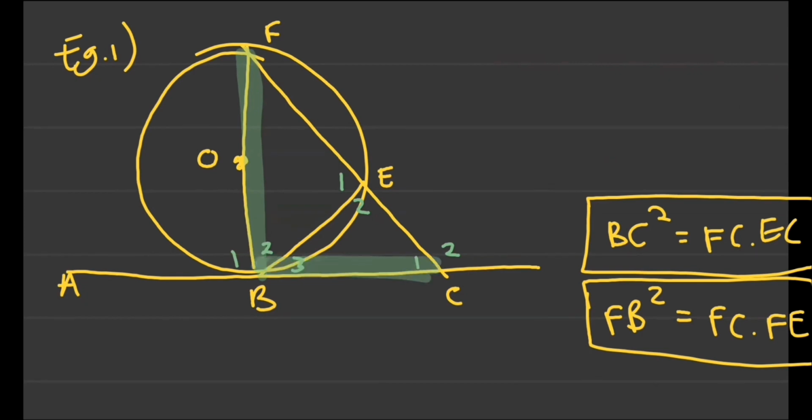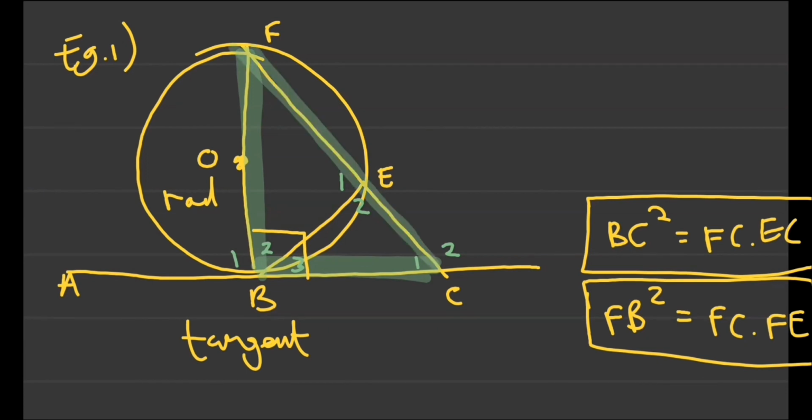Also, remember we said that FB is perpendicular to BC because a radius is perpendicular to a tangent. We mentioned that. So we know that there's a 90-degree angle also. Now, what do you think will happen if you square FB and then you add it to the square of BC? What answer do you expect to get?